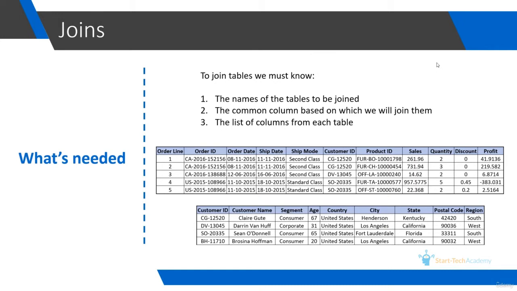So I can choose only order ID, customer ID, and sales value from the sales table, and region value from the customer table, and then use it to find the region-wise sales. This output will be lighter, but this will have limited functionality only. So which columns should come in the output from which table, this is an option that we have while joining the tables.